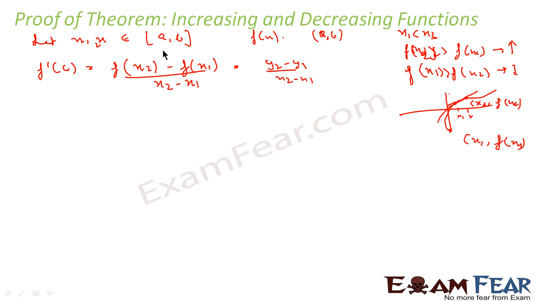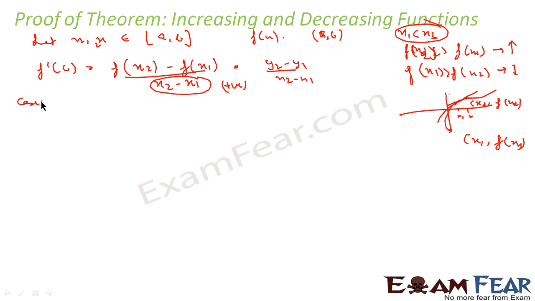Now if this is positive, case 1. See, x2 minus x1 is always positive, because x2 is greater than x1. If this is positive, f dash c is positive.